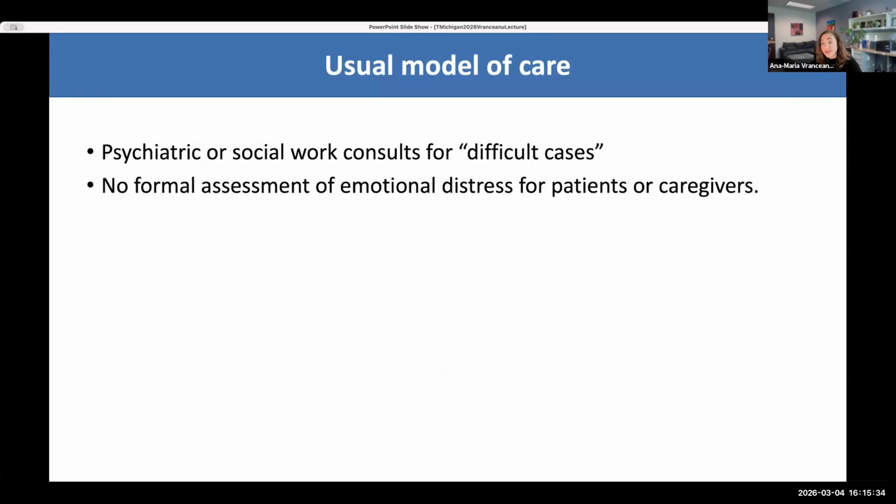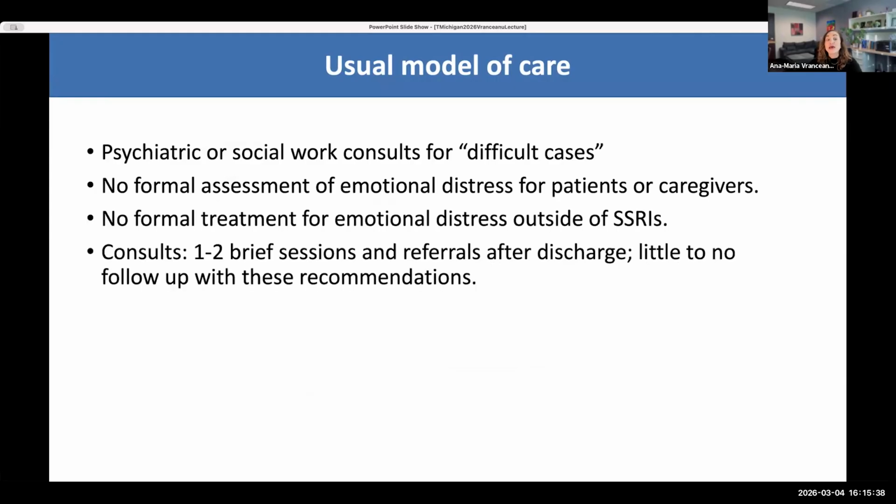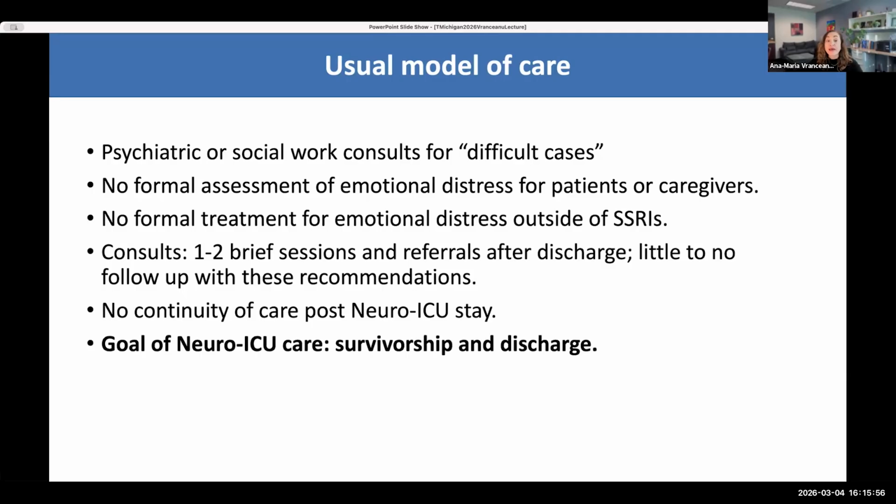Maybe there would be a prescription of SSRIs. There would be consults, again, 1 to 2 brief sessions, and maybe referrals after discharge. There wouldn't be any follow-up after discharge, so we wouldn't know if the couple would follow up with any sort of mental health care. No continuity of care post Neuro ICU stay.